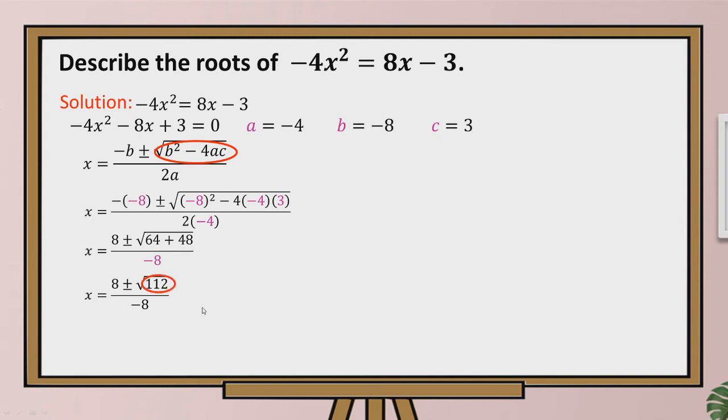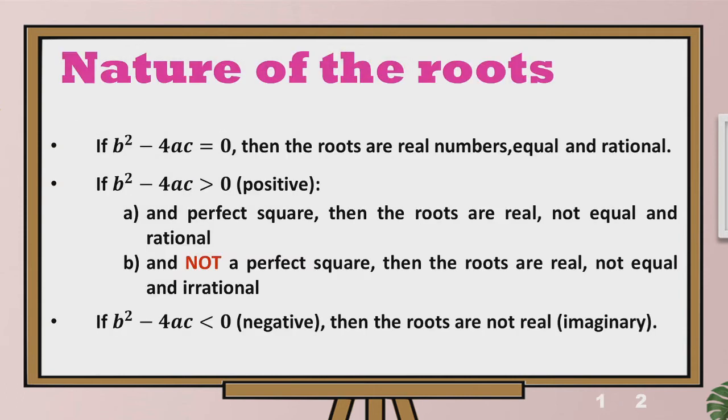So let's take note of 112. 112 is a positive number. So meron na tayong value ng ating b square minus 4ac. So balikan natin yung conditions ng nature of the roots. So ang 112 ay positive number. Ang tanong, is it a perfect square or not a perfect square?